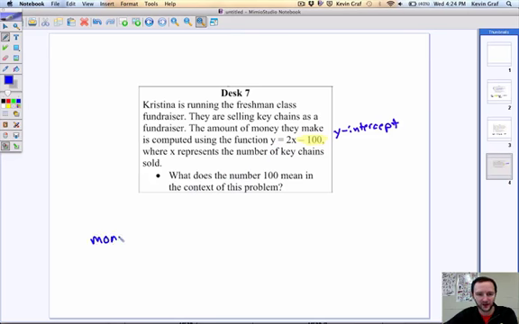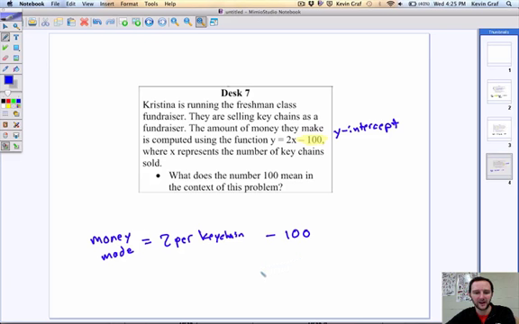So we're really looking at money made is equal to $2 per keychain minus 100. And what this question is asking me is, what does this minus 100 really mean?